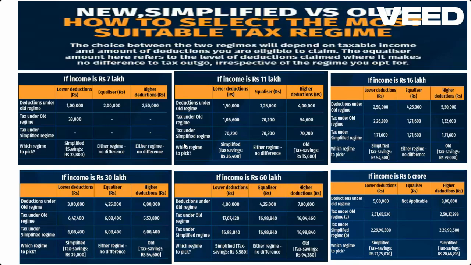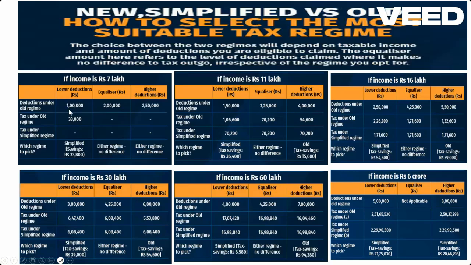If your income is like 7 lakhs, you'll see three columns here: lower deduction, equalizer, and higher deduction. Lower deduction is if you are going for lower deduction, how much saving you can do if you are selecting the old regime or the new regime.